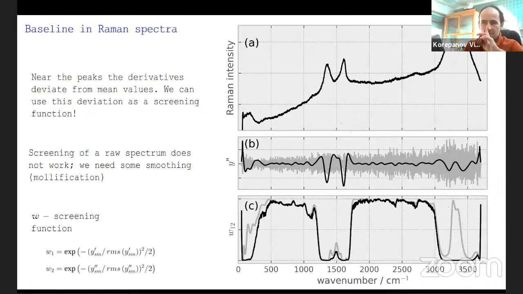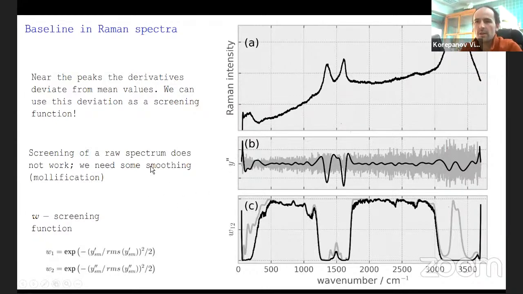And on plot B, you can see that this black curve is the second derivative of the smoothed experimental spectrum, and we can indeed see that it has very pronounced features near the peaks, and near the peaks it deviates from the average values very significantly.